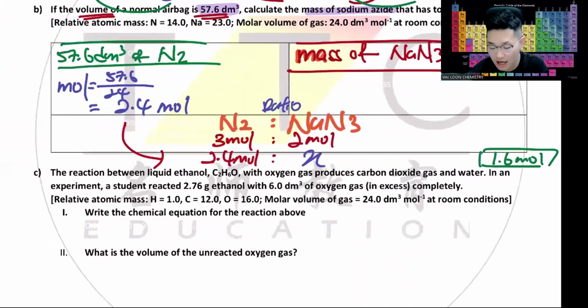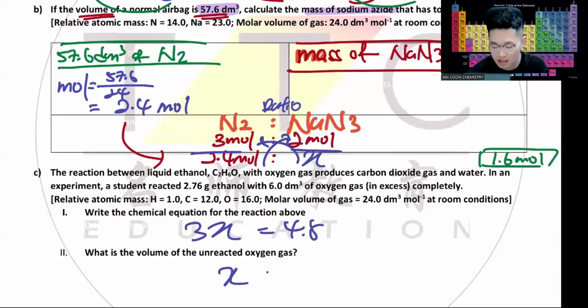You put two lines, you do cross multiplication. Then you sure can get the answer. For example, x times 3, you get 3x. 2.4 times 2, you get 4.8. To find the x, you move the 3 to the other side. 4.8 divided by 3. Oh, 1.6. This is the best method ever for ratio.